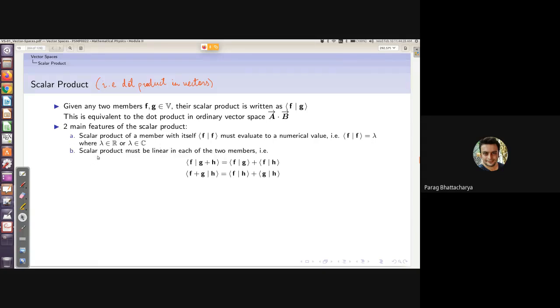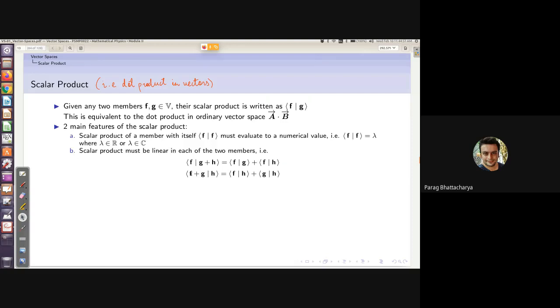The second main feature is that the scalar product must be linear in each of the two members. Let's say I'm having three members, f, g, and h, and I take a sum of g and h, and I find the scalar product of f with the sum of g and h. This is the same as, you could just open this up, the scalar product of f and g plus the scalar product of f and h.